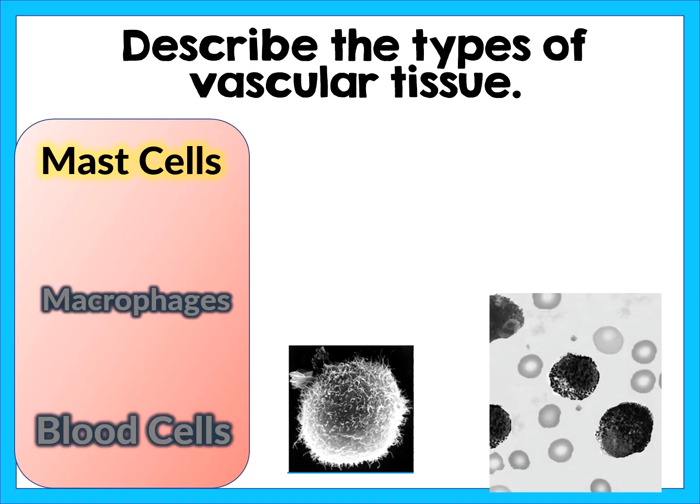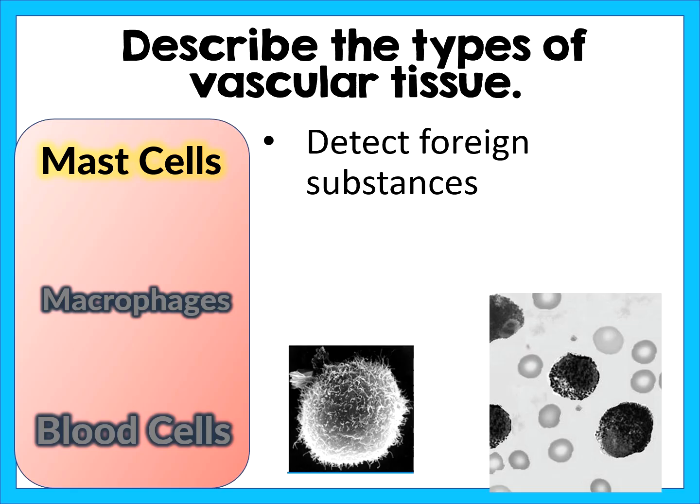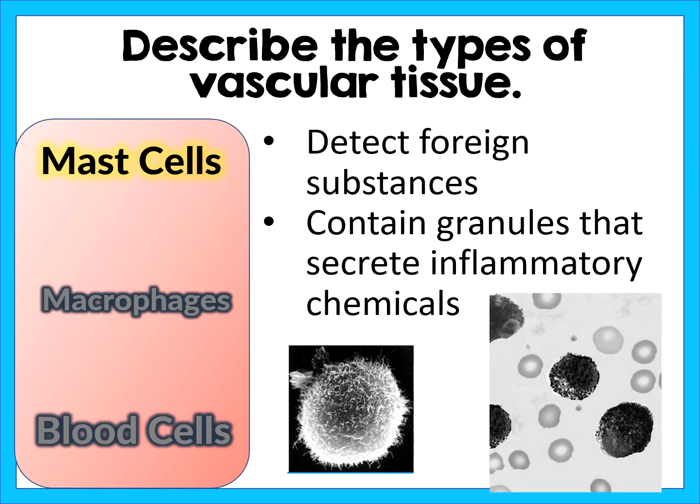So some of the fibers or formed elements that we find in blood include our leukocytes. So one type of white blood cell that we're going to find is called a mast cell. These guys are really good at detecting foreign substances, and they contain these little granules that secrete inflammatory chemicals.